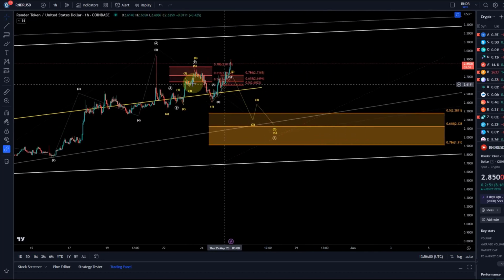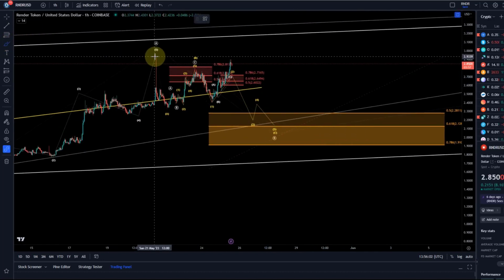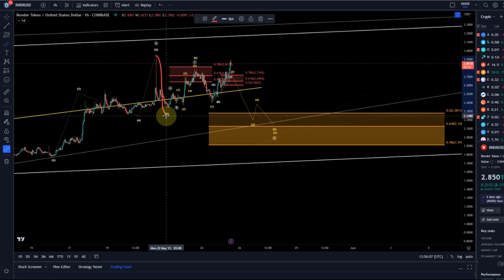Currently, it looks as if the move of the 21st of May high to the downside was an A wave. Then it appeared as if the move up was the B wave, and we turned around in our resistance area.